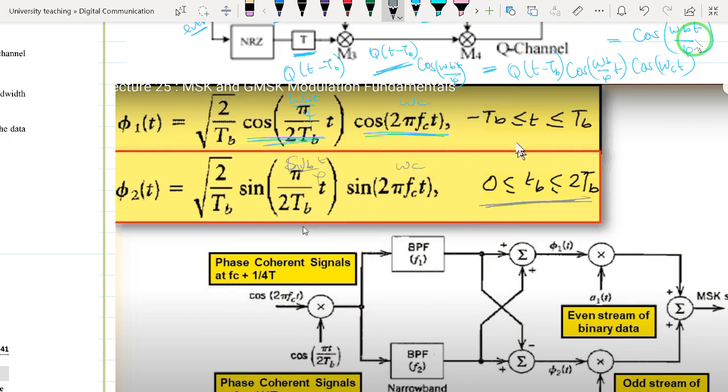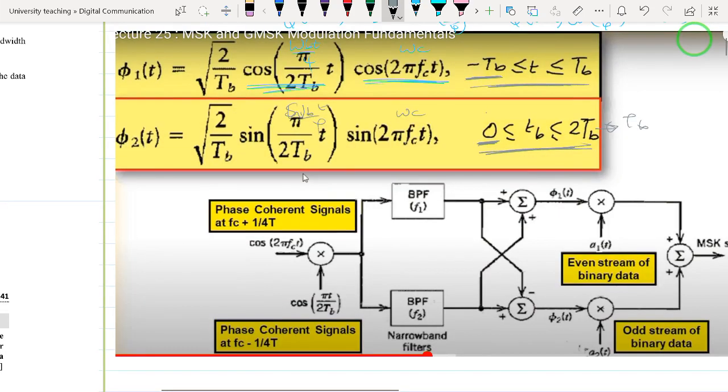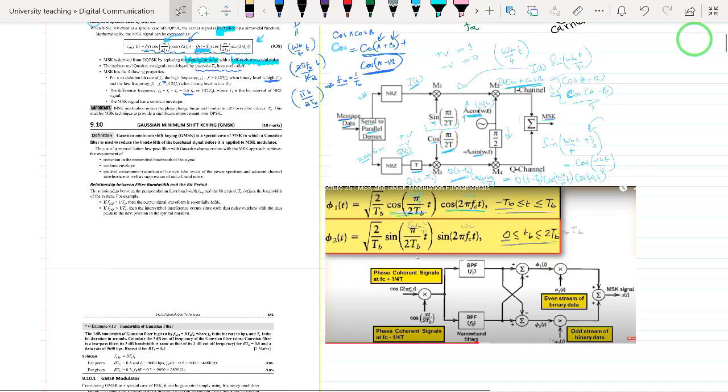The only difference is the period. As you can see, one starts at 0, and this one starts one period later. So clearly we can see that the second quadrature function is delayed by 1 T_b. For that reason, we are able to generate our MSK signal in a similar manner.